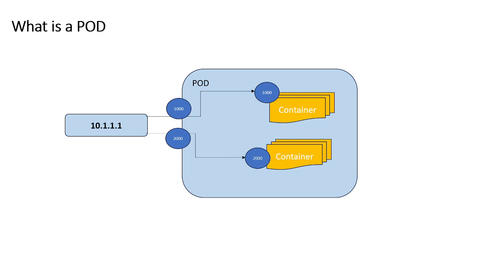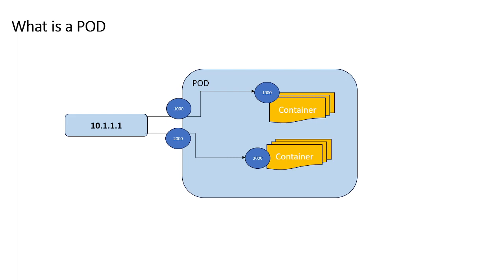As I mentioned earlier, the pod gets connected on these ports. Whenever a user uses port 1000 in combination with the IP address, it will go to container one. And when it uses port 2000 in combination with the IP address, it will go to container two.